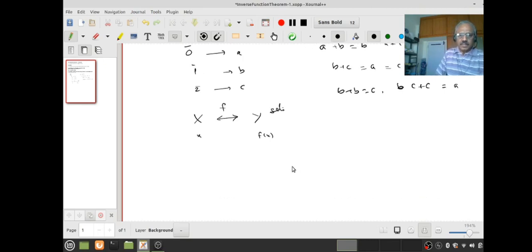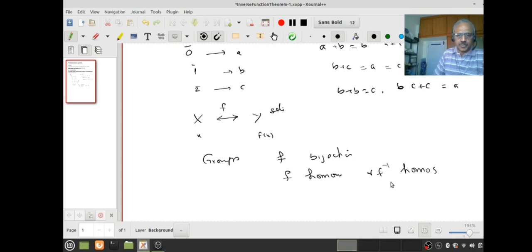But the moment X and Y have more structure, like suppose X and Y are groups, then what I need is that f is not only a bijection but also preserves the operations. That is, I want it to be a homomorphism, and since f is a bijection, I also want f inverse to be a homomorphism. That is, f from X to Y and f inverse from Y to X should both be homomorphisms. But this is free.